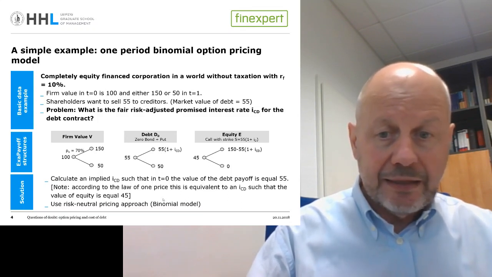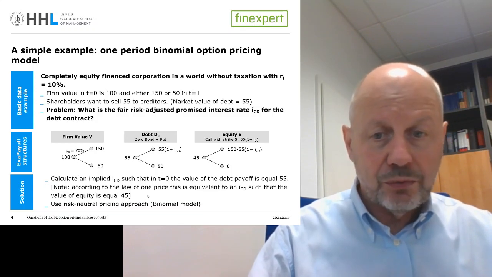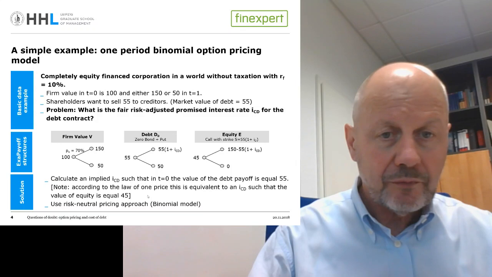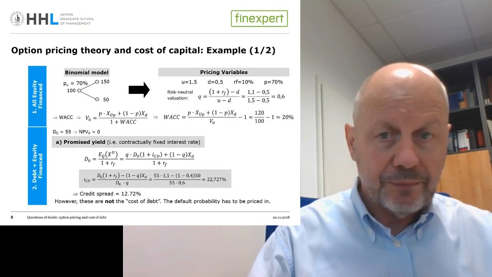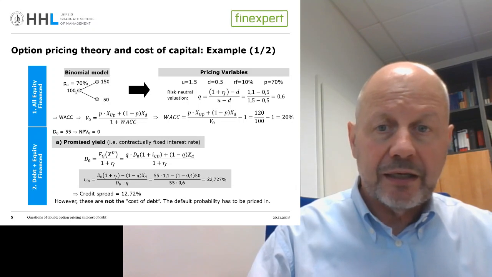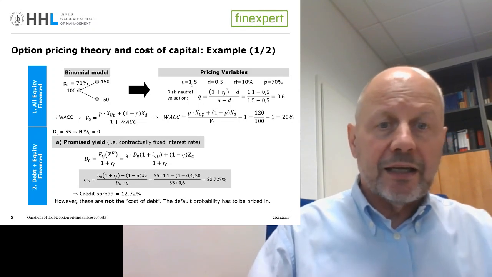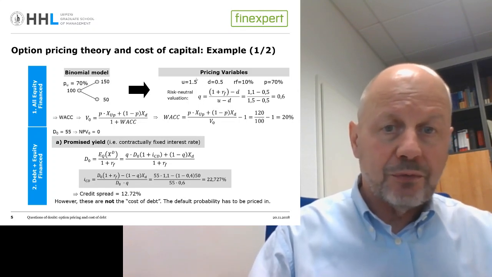And now we use a binomial risk-neutral pricing approach to tackle this problem. So here you see the basic model: 100 is the underlying, and 150 in the good state and 50 in the bad state. So we can easily calculate our up and down factors for our risk-neutral probability derivation.